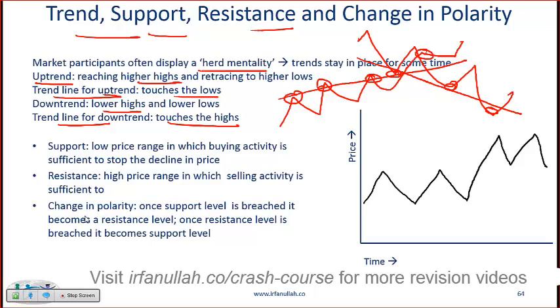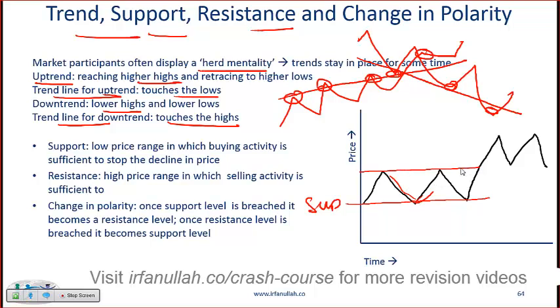Support, resistance, and change in polarity. What does this mean? If we have a chart that looks roughly like this, when we say that a given stock has reached a support level, this is a support level. That means that the stock price is down, and at the support level, the selling will stop and buying will start. The thought here is that the market at a certain point believes that the stock has gone too low, so the selling will stop and buying will begin.